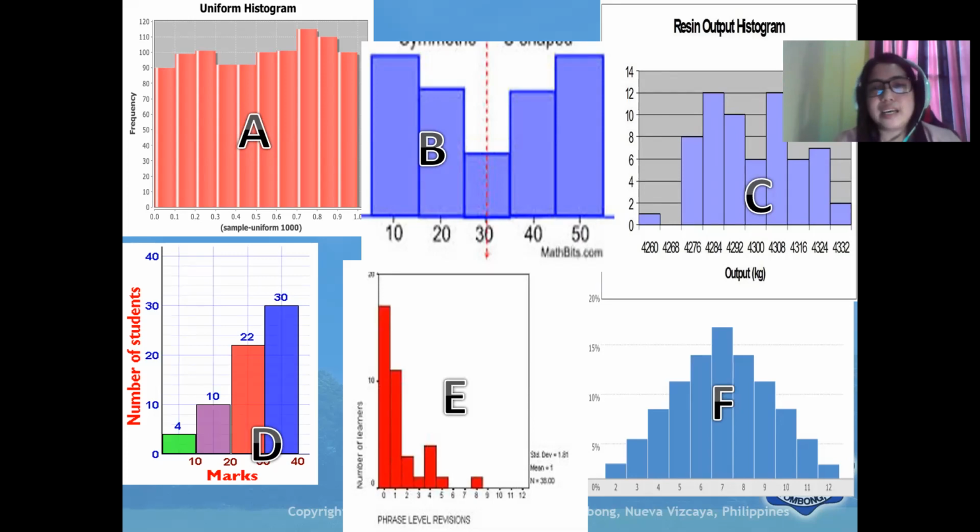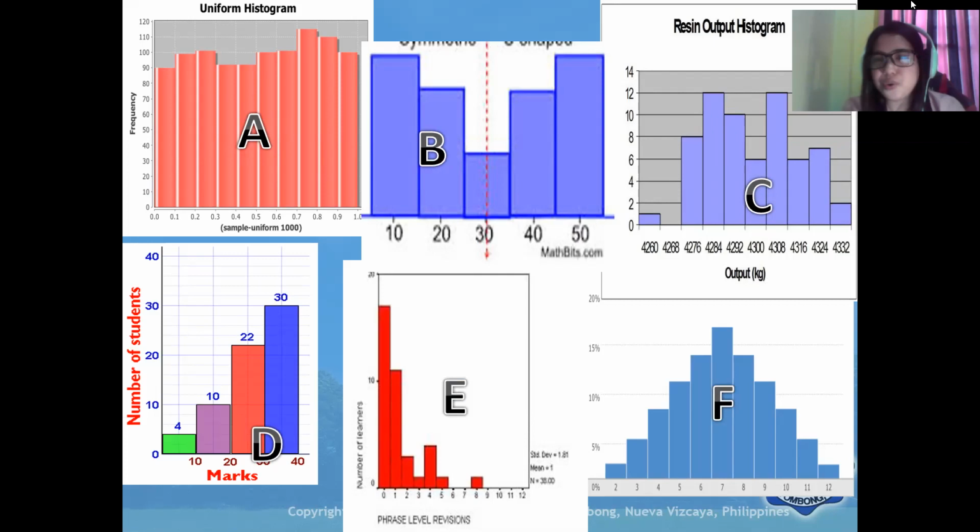So it is bimodal because it contains two highest frequencies. And with respect to the center, it is symmetrical. For letter C, we have a bimodal curve.